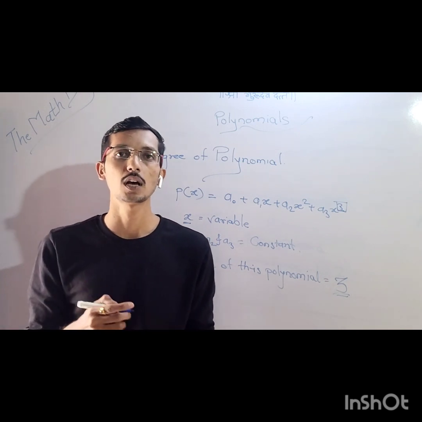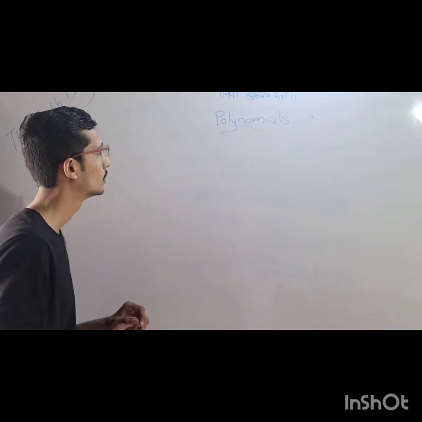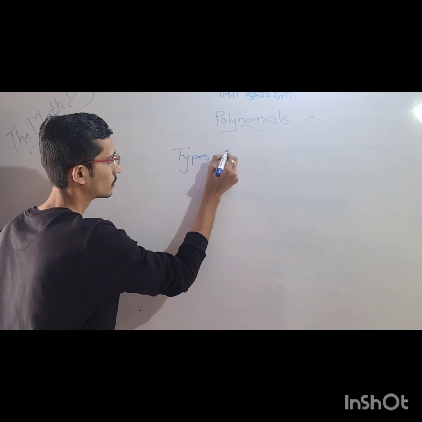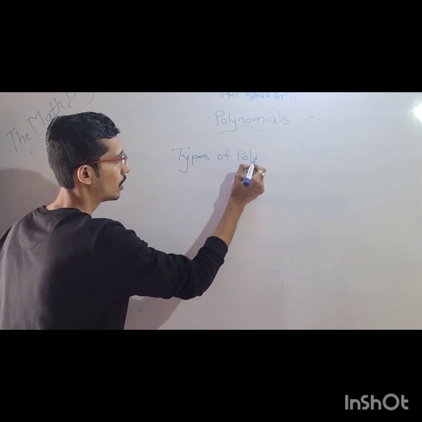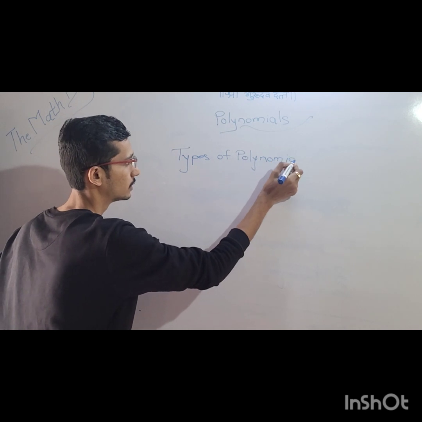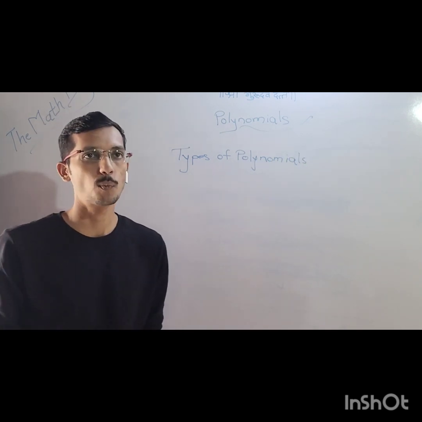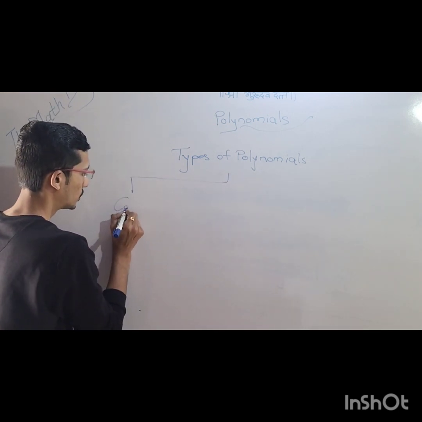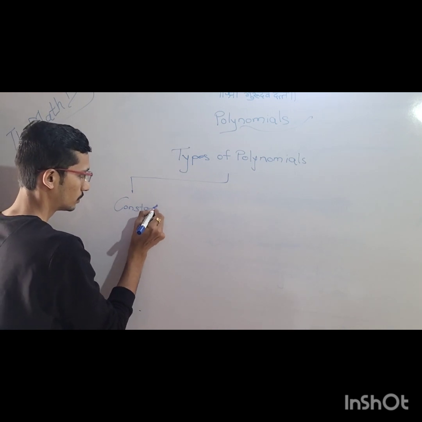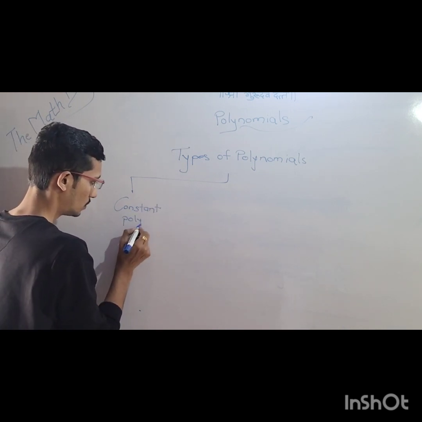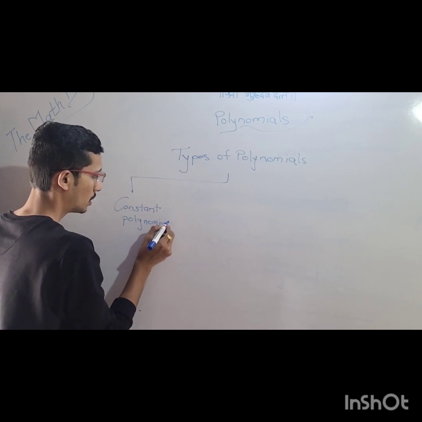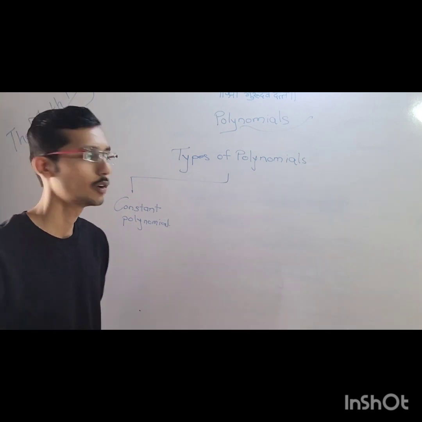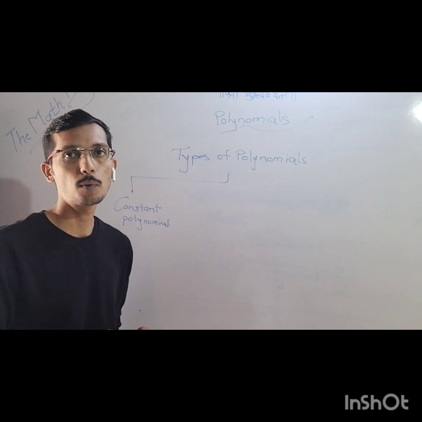So now we will discuss the types of polynomials. There are 4 types of polynomials. First is the constant polynomial. All the types of polynomial are classified by the degree of the polynomial.